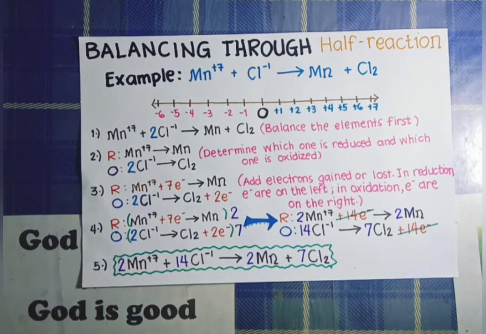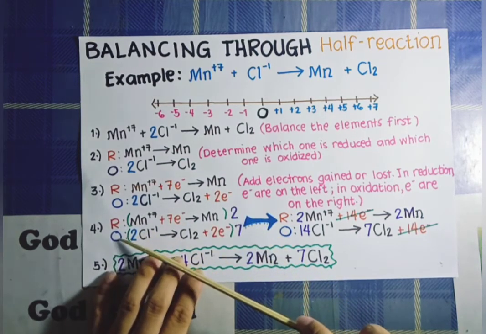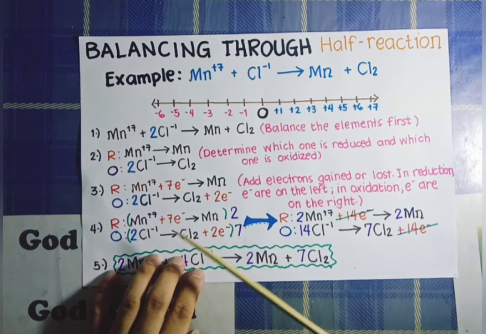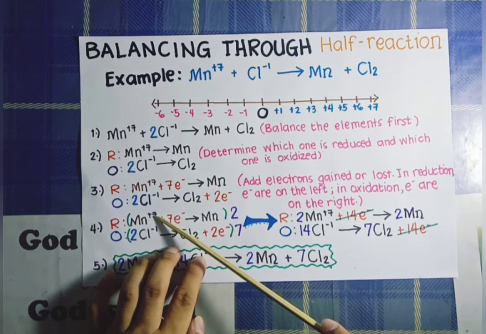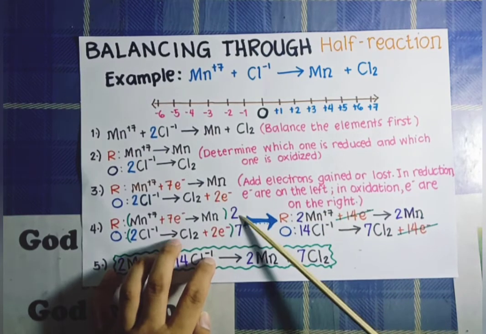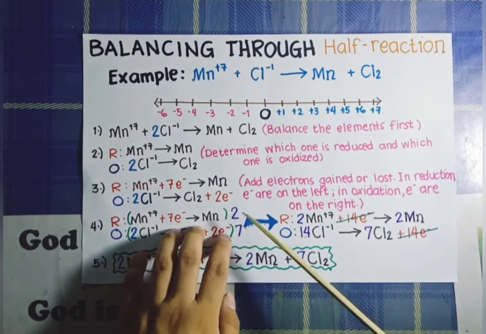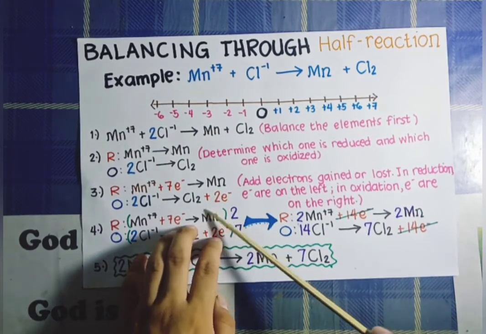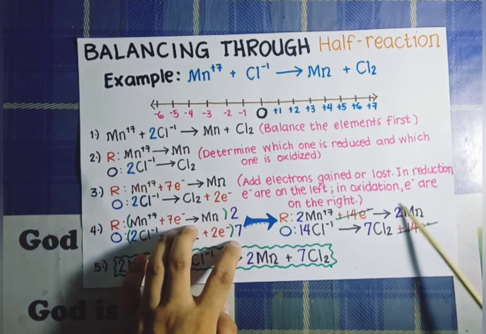And what are those numbers? For reduction, we have 2, and for oxidation, we have 7. So for reduction, that's 2 times the manganese with a charge of +7, giving 2 manganese with a charge of +7. 2 times 7 electrons is 14 electrons. And 2 times manganese with no charge is 2 manganese.